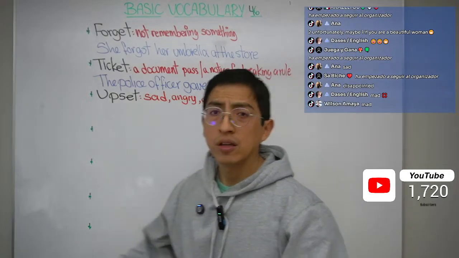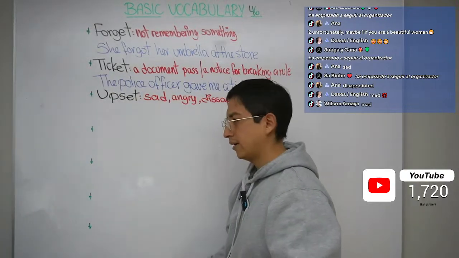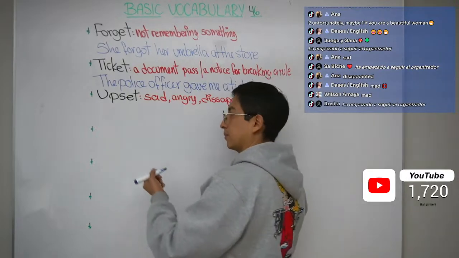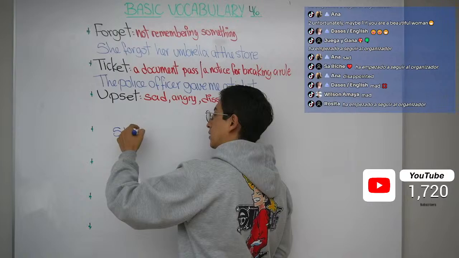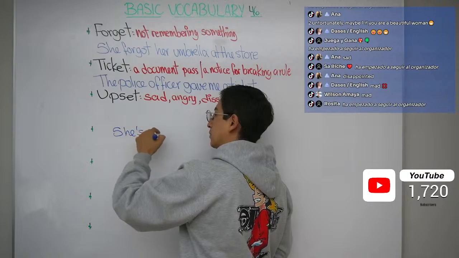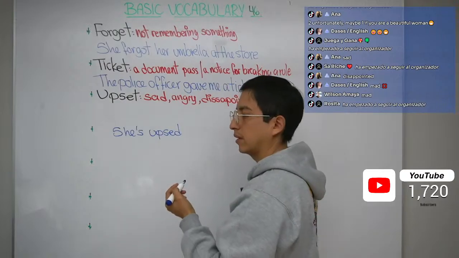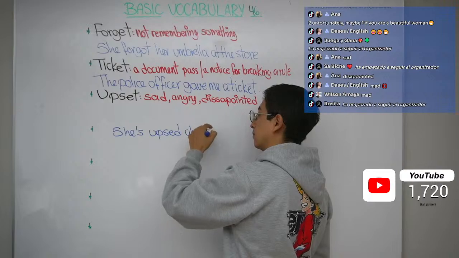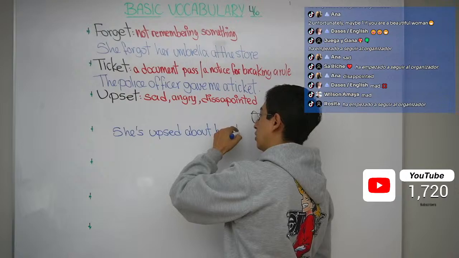In some cases, we're gonna talk about the first part, no? For example, we can say this, no? Maybe you can say, she's upset. Okay, she's upset about her dog.